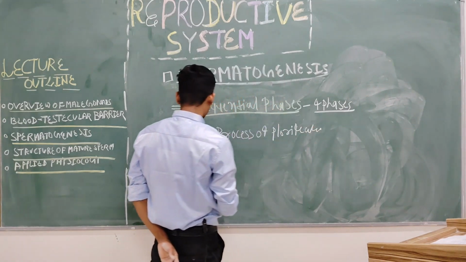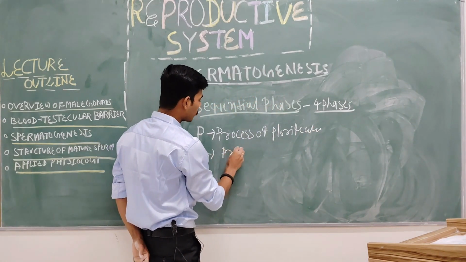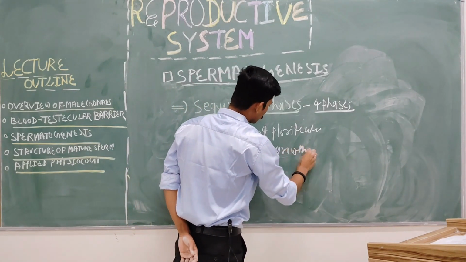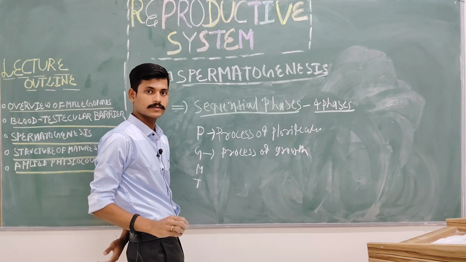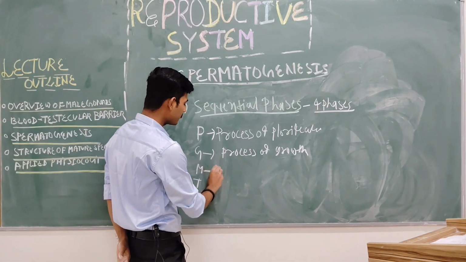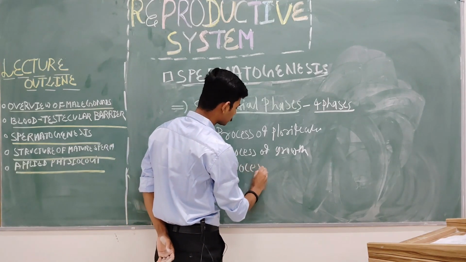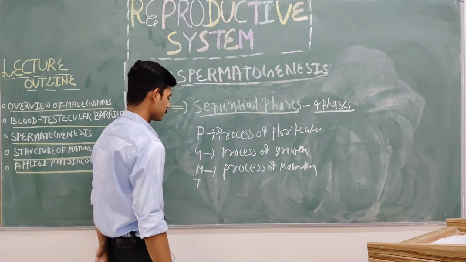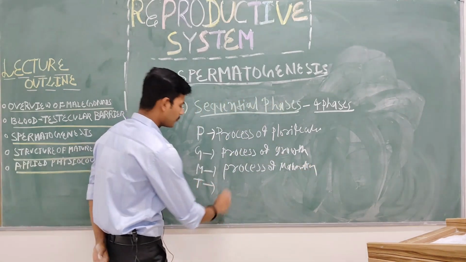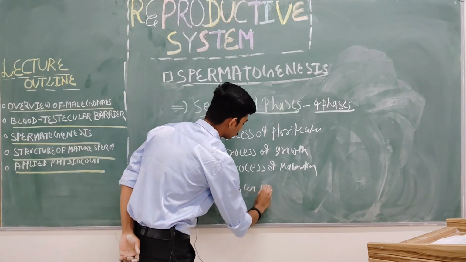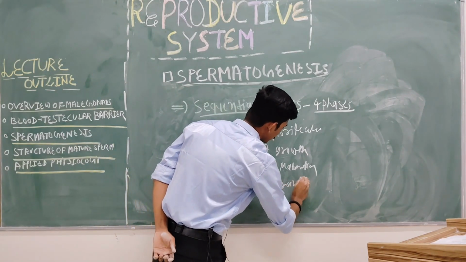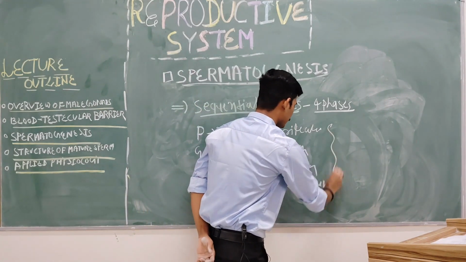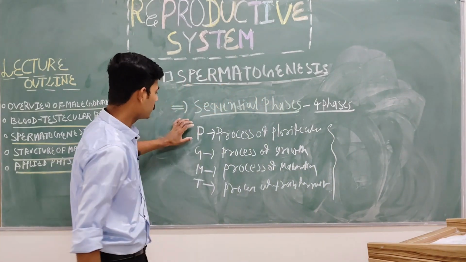G stands for the process of growth. M stands for the process of maturation, and T for the process of transformation.